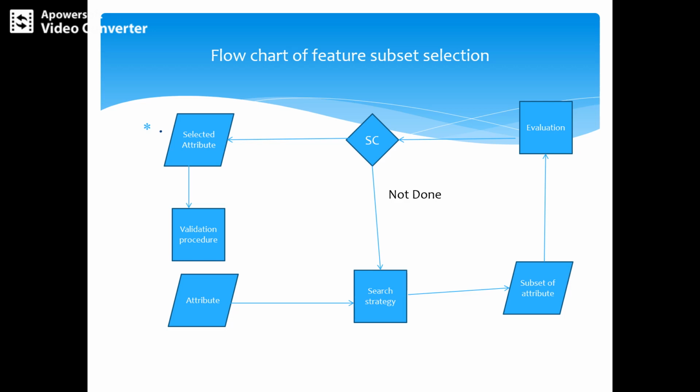It finds the subset of attributes, and the evaluation and stopping criteria select the attributes and validate them. It is usually not possible to satisfy both requirements, so trade-offs are necessary, and we need to think about that.